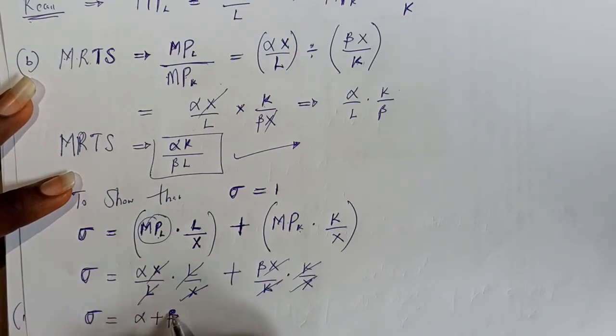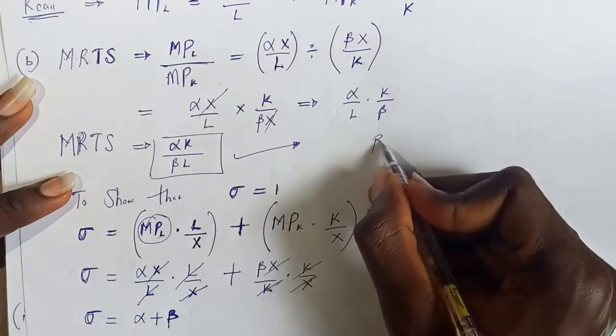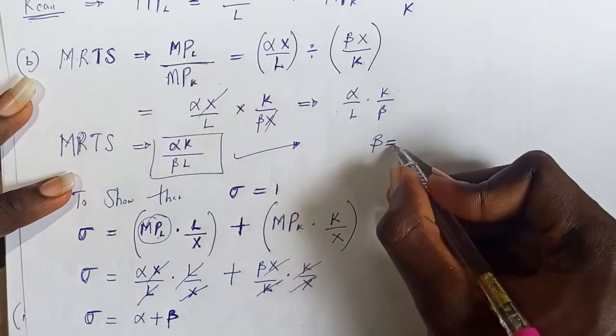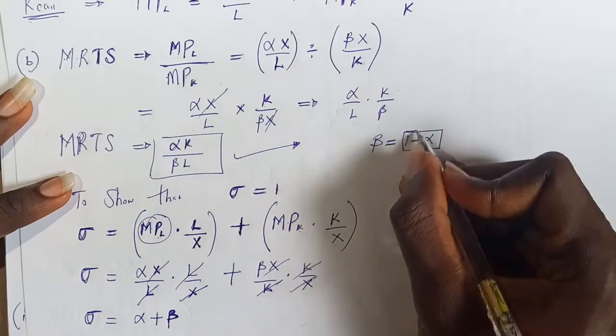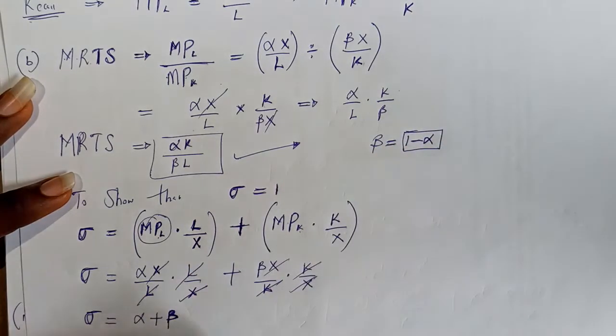But we believe that beta is equivalent to 1 minus alpha. So then I will end up having sigma equals alpha plus beta, which is alpha plus 1 minus alpha.